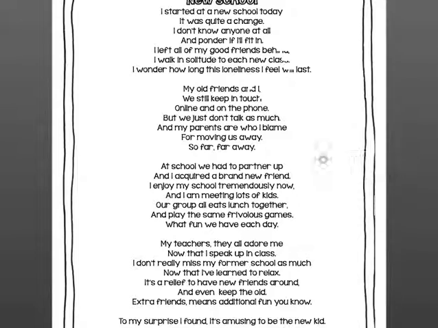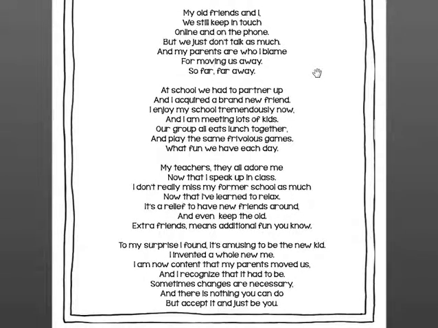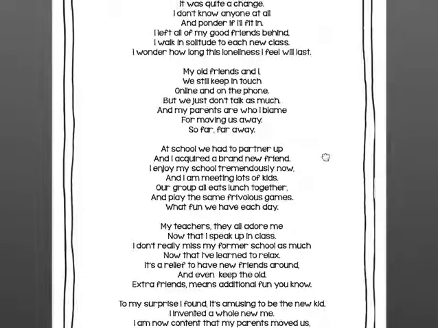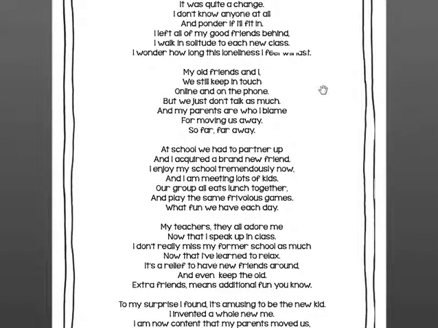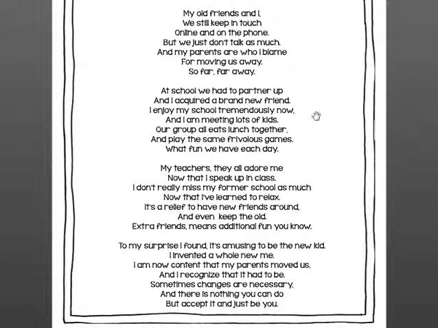But as we move through the poem, poems can have different moods. Around the third stanza, he's acquired a new friend, and he's meeting lots of kids. He got to eat lunch together with a group of them, play some games. He's saying that his teachers adore him, that he speaks up in class. And so the mood has changed from that lonely, sad feeling to a happy, positive feeling.